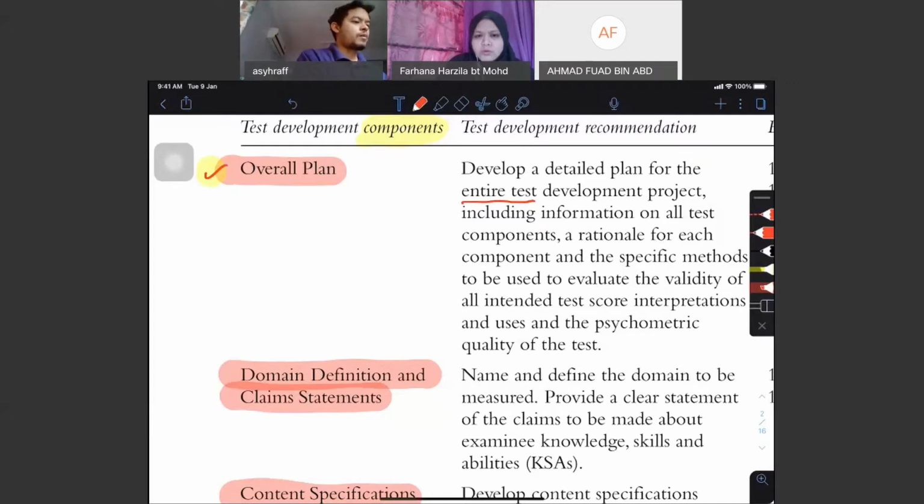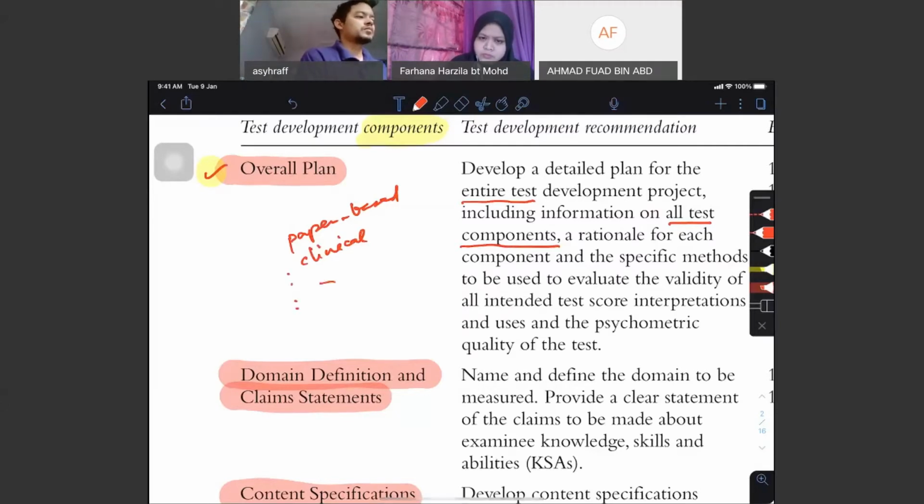So actually, in this overall plan, you go through all the other steps in, let's say, one session. It includes a detailed plan for the entire test and information on all test components. Usually you will have many components, like your paper-based test and your clinical test, and how they are supposed to be outlined.